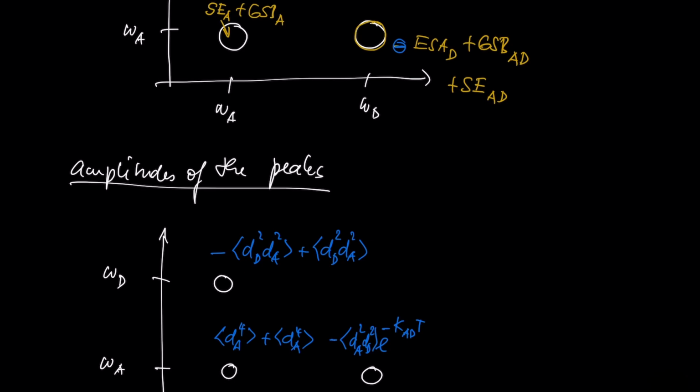Okay, I'll use some protective boxes so that we don't think that we sum these things together. So these are already finished results, but here we have still just one contribution, the excited state absorption from D.